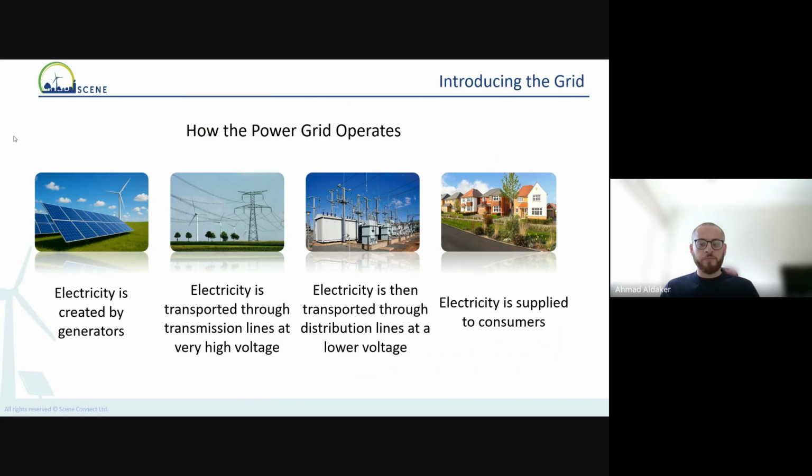Electricity is generated by generators, so gas, solar, wind, and it's then transported through the transmission network at very high voltages, taken across long distances, then moving through the distribution network, where it's stepped down to lower voltages. Electricity then moves to the local level through a distribution system, where it's supplied to consumers, so homes, businesses, and so on.